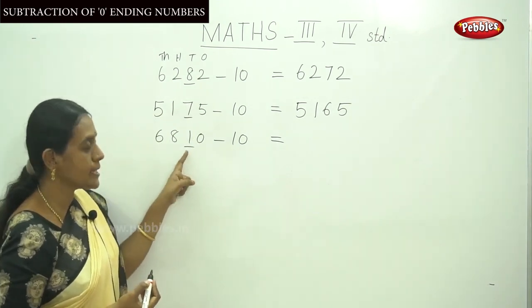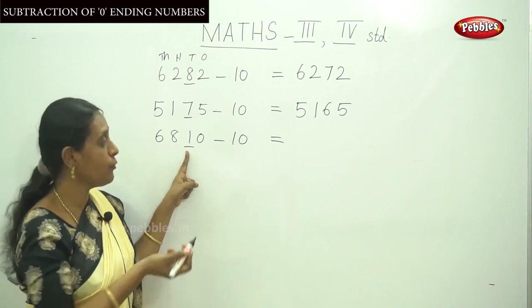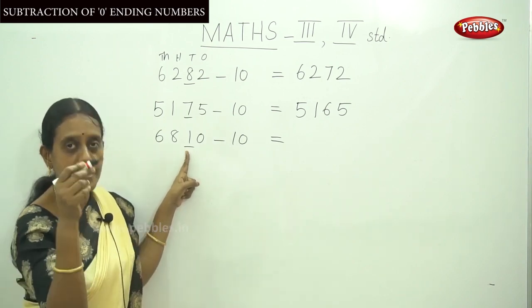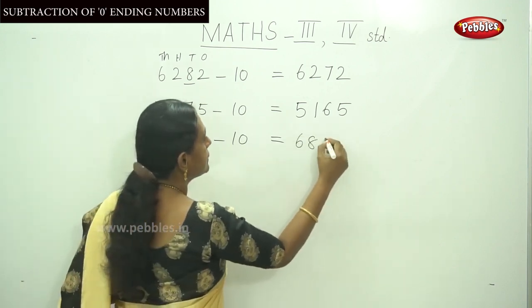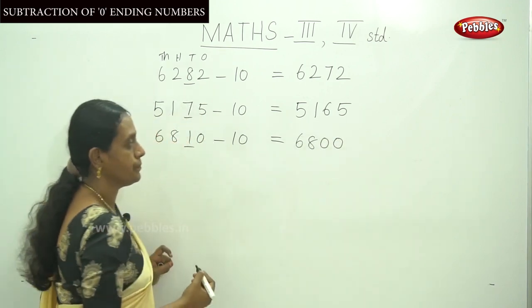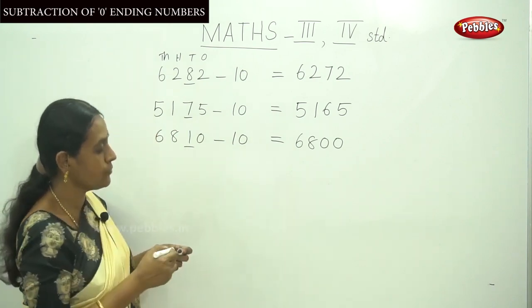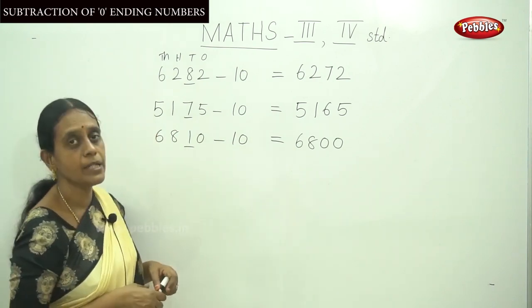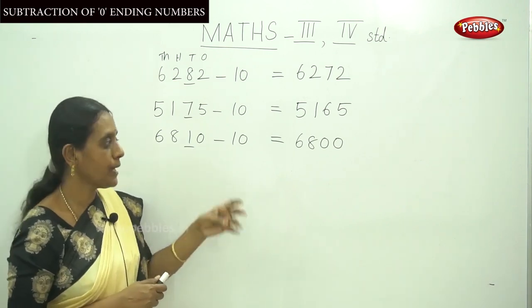Focus on the tens place number here, that is 1, and the before number is 0. So that is 6800. Okay, that is the easy way of subtracting 10 without any paper and pencil.